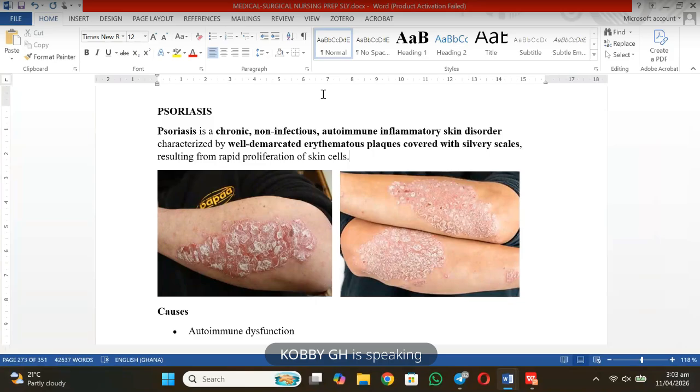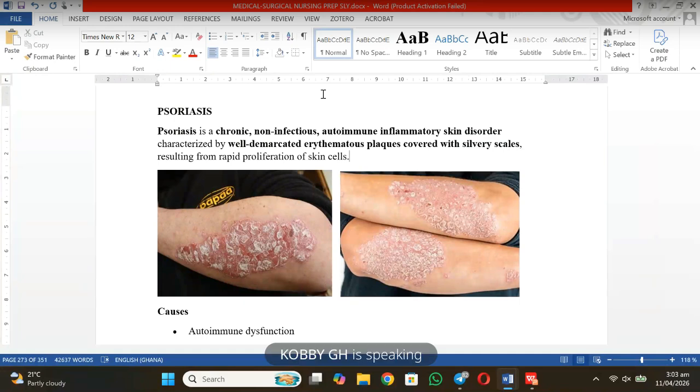Dermatitis is not autoimmune. Dermatitis may be as a result of allergic reaction, genetic predisposition, or exposure to irritants. But psoriasis is non-infectious and autoimmune. That's the difference.